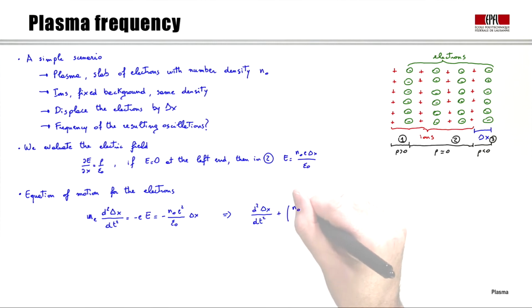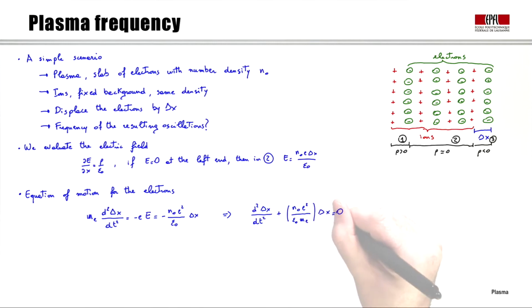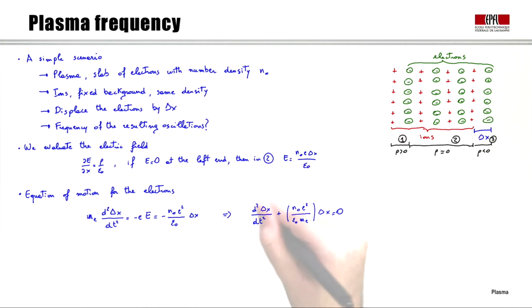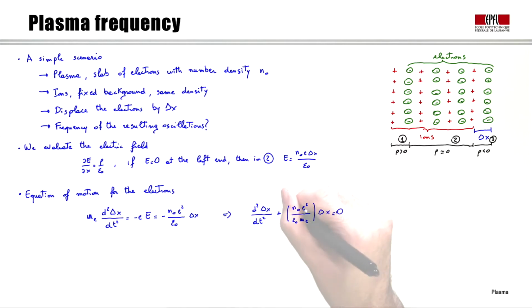Which implies that the second derivative with respect to time of the displacement depends on a quantity that grows linearly with delta x. This is actually the equation of an oscillator, an oscillatory motion equation, with a frequency that is given by this term here. This is a frequency squared.